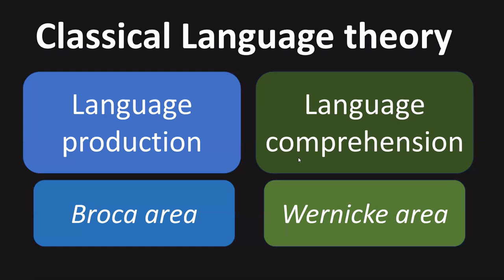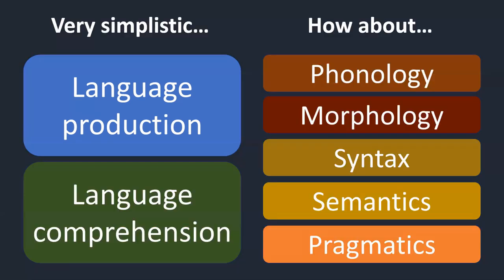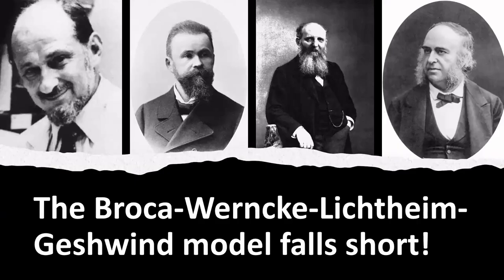Then there's the problem of the classical language theory, which is a bit simplistic because, well, basically you have a production center, the Broca area, and a comprehension center, the Wernicke area, and that's it. Language is more complicated than this. Like I said, how do you account for phonology, morphology, syntax, semantics, pragmatics, and so on in this model? You can't.